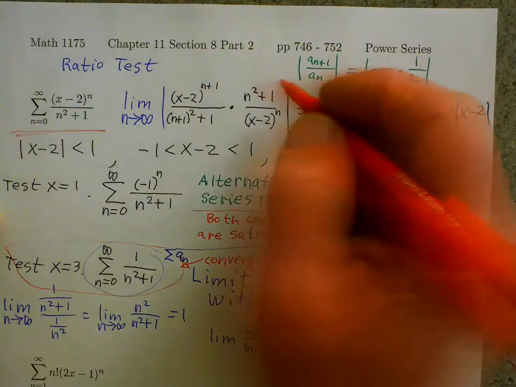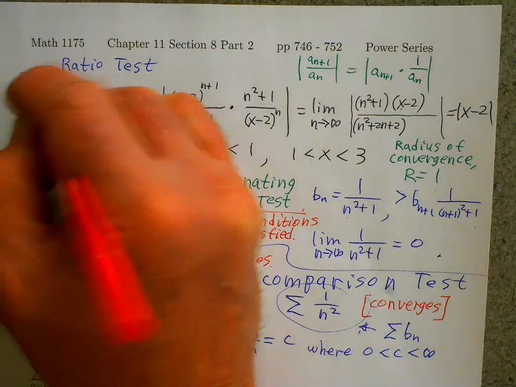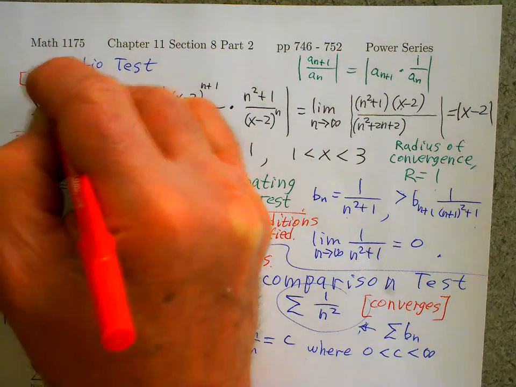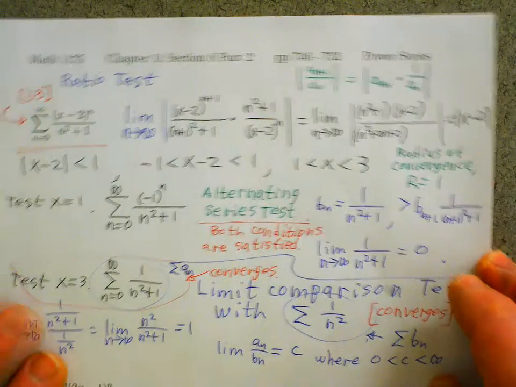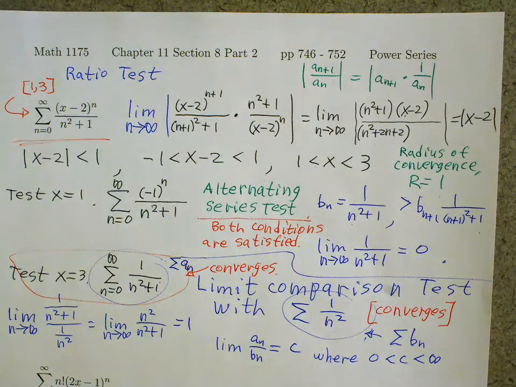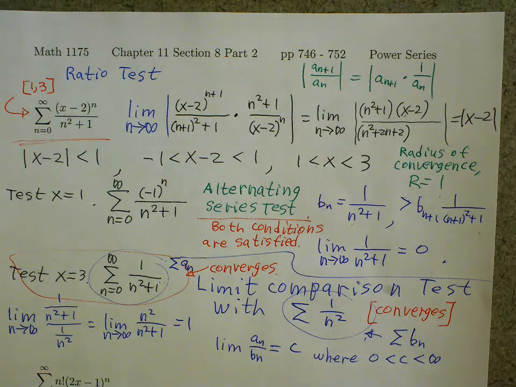The interval of convergence is from 1 to 3 for this series. Okay, if there's anything that you need explained, let me know. I know there's a lot of writing scrunched up into a small space, but let's go on to the next problem.